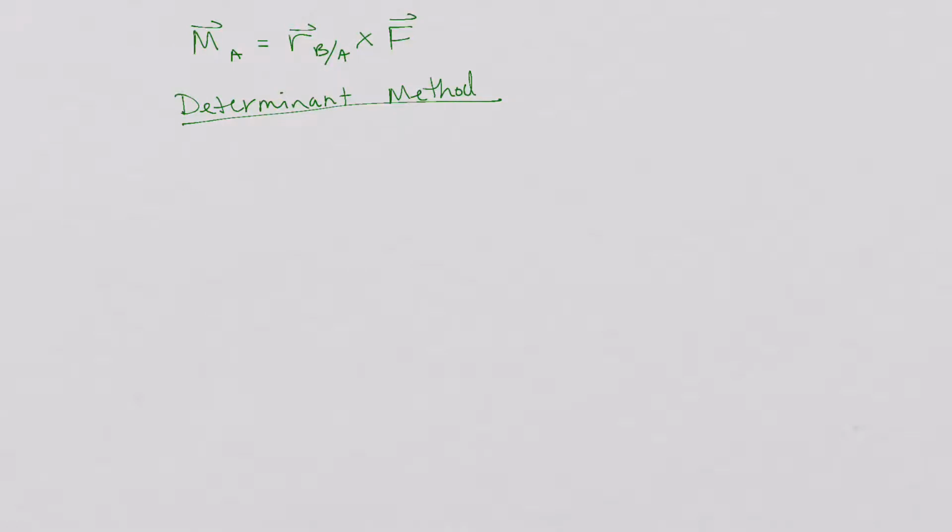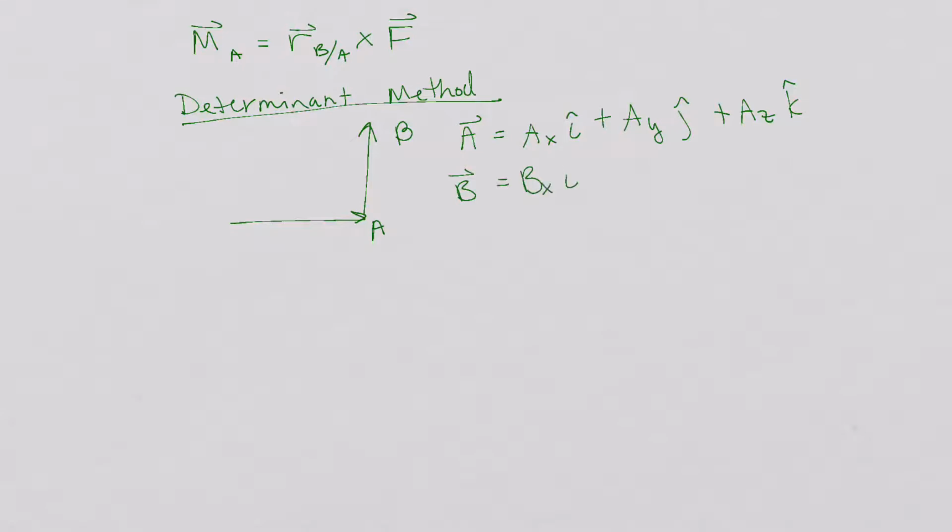Let's say we have a vector A and then another vector B. In Cartesian format, A is AX i plus AY j plus AZ k. I'm just telling you what the vectors are. And then B vector is BX i plus BY j plus BZ k.